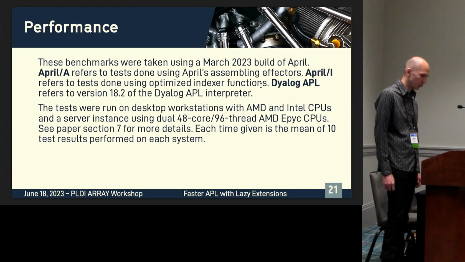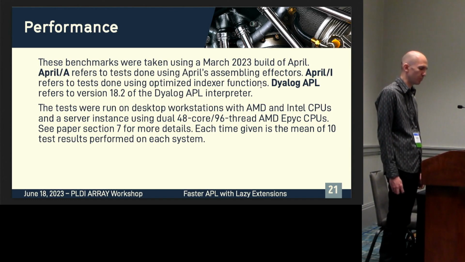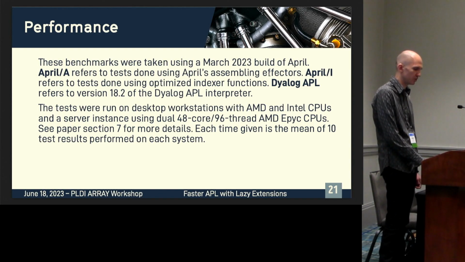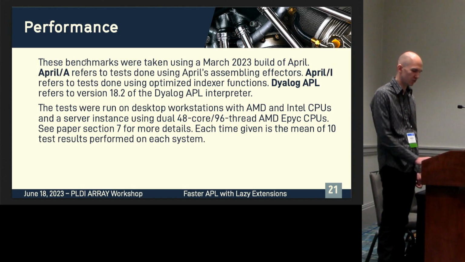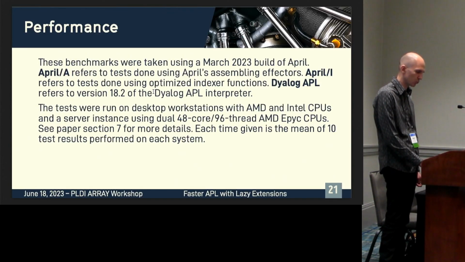A word on performance. After having built this, I ran a series of benchmarks. These were taken using a March 2023 build of April. The April A refers to tests done using April's assembling effectors. That's the assembly kernel system I just showed you. And the April I uses coordinate vector indexers. That's this kind of optimized function, not specific to an individual transformation.